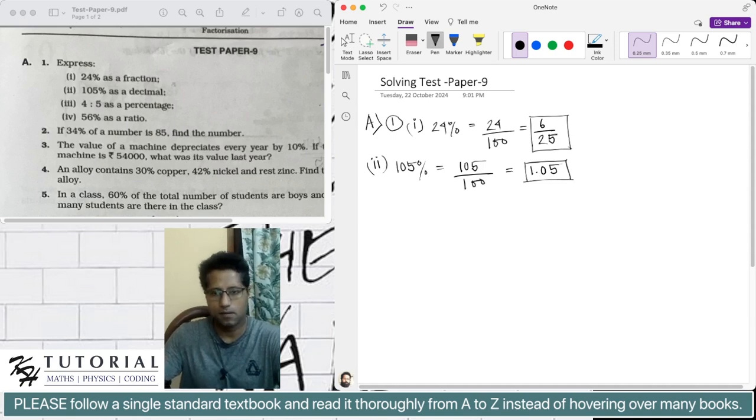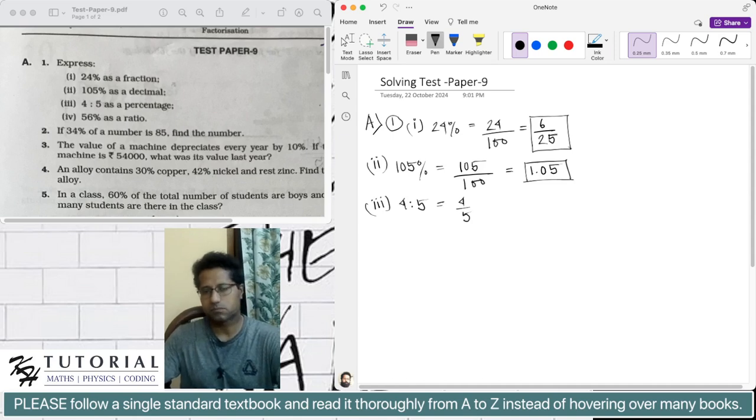Okay. Part number 3, express 4:5 as a percentage. So this is the ratio 4:5. To express a ratio as a percentage, we first express the ratio as a fraction. We know that the ratio 4:5 as a fraction will be 4 by 5, and now we express the fraction as a percentage just by multiplying the fraction by 100.